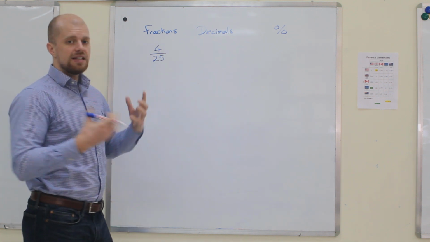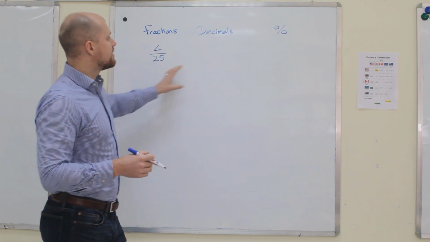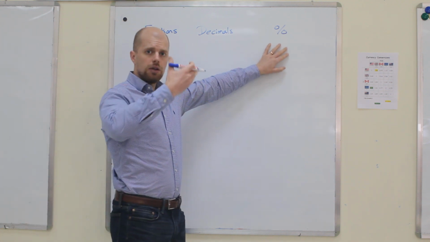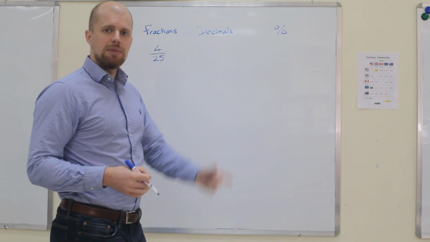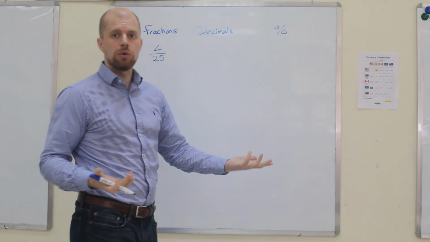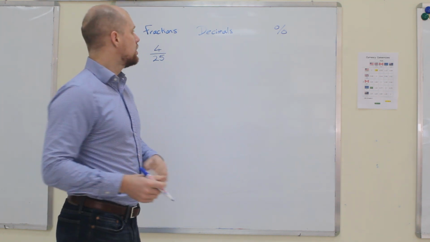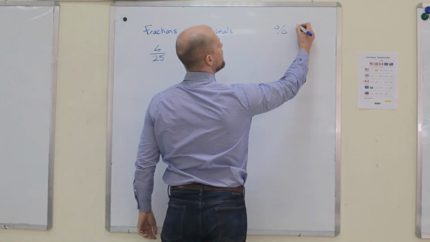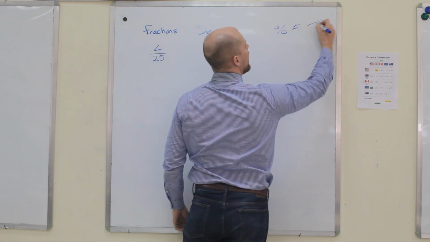Now the easiest way to do this is to think about what percent means. The word percent means per, which means out of, and cent means 100. So percent means out of 100.